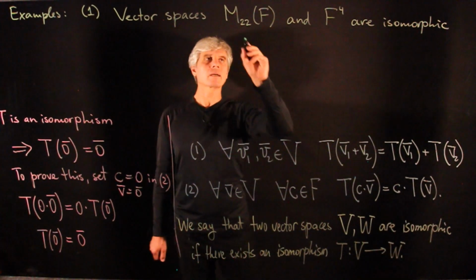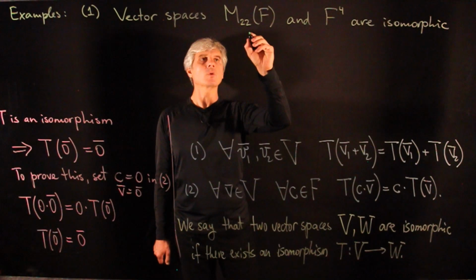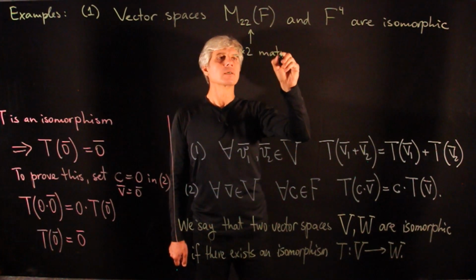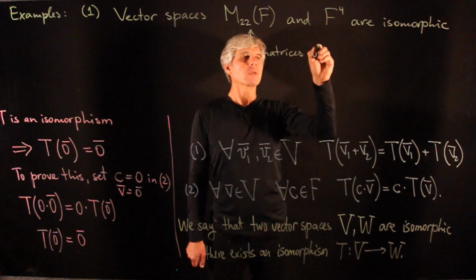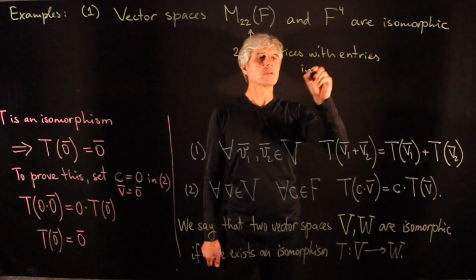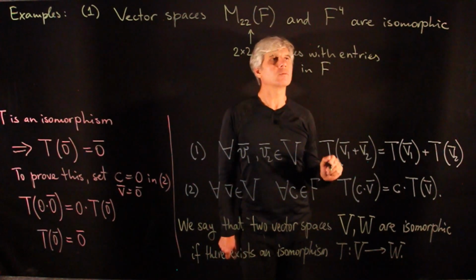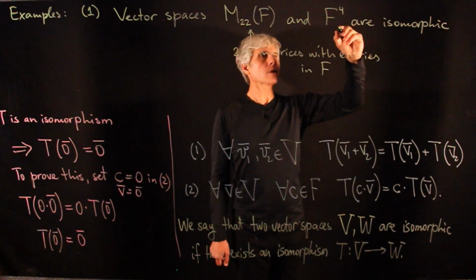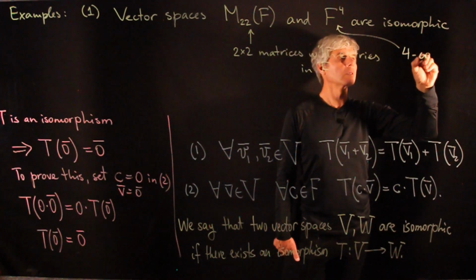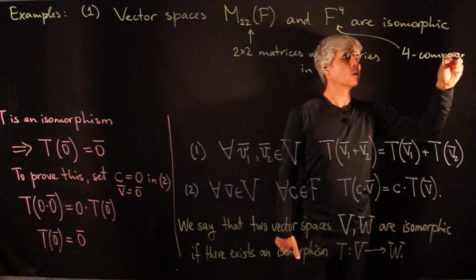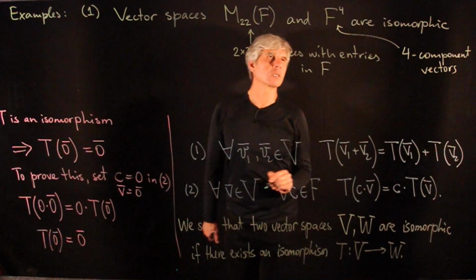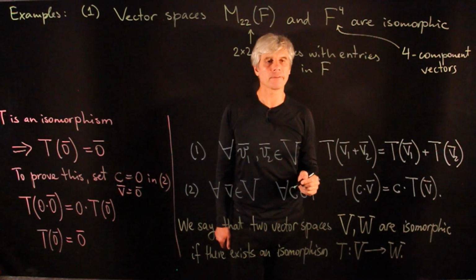Now, what are these spaces? So M22 of F, these are 2 by 2 matrices with entries in F. And F4, this is 4-component vectors with entries in the same field F.